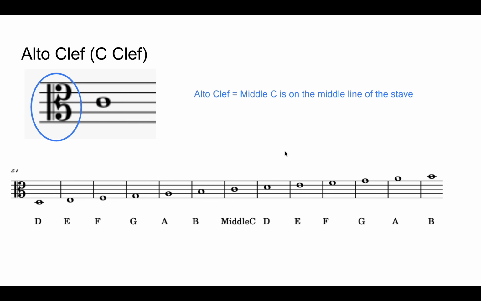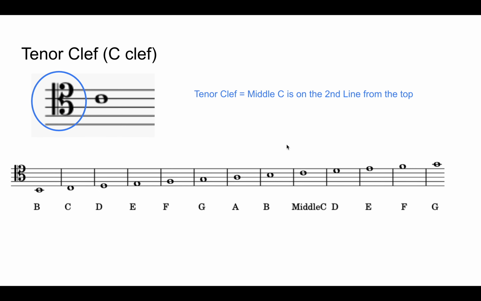That's alto clef. And then the other, less common type of clef, which is very similar to alto clef, is tenor clef. Tenor clef is exactly the same clef. We still refer to it as a C clef, but it's slightly different in that it says that middle C is no longer on the middle line, it's on the second line from the top.